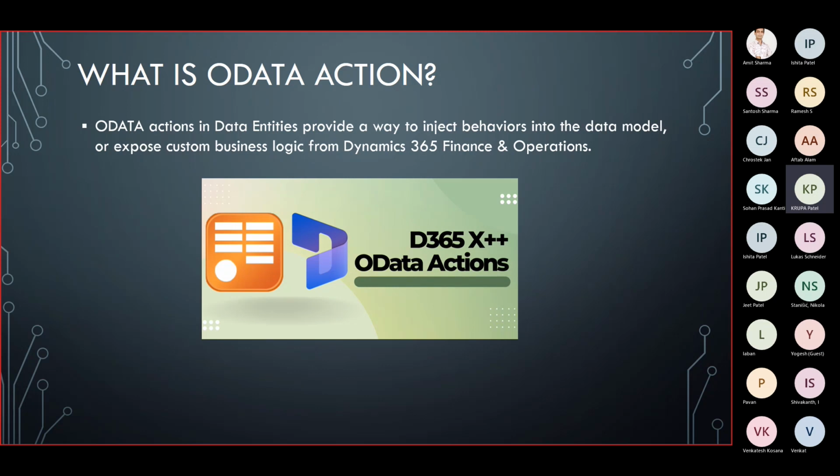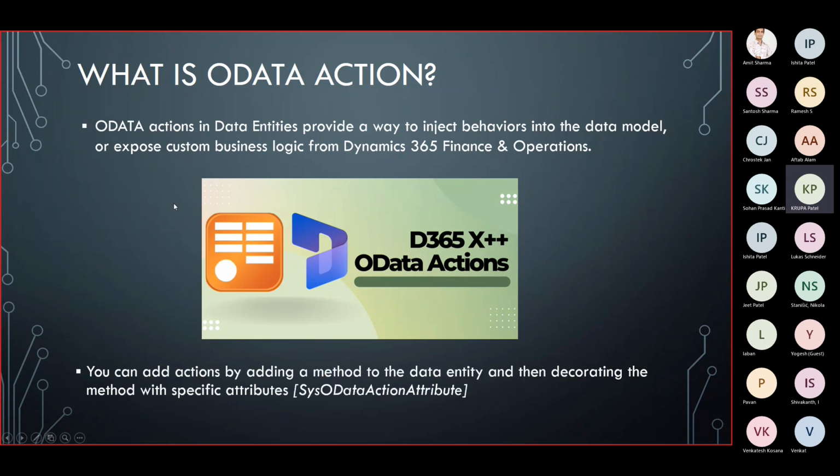And OData actions are a way to add server-side behaviors that are not easily defined as CRUD operations on an entity. So you can add actions by adding a method to the data entity and then decorating the method with the specific attribute, that is the OData action attribute. This is the most we need to pass on the data entity.